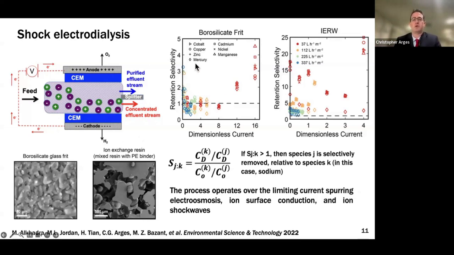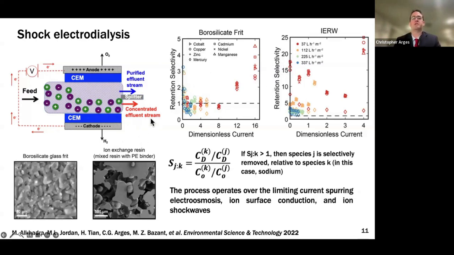And what we observed here is that if we had these heavy metal ions, so you can think of like a Flint, Michigan water situation, we're looking at the retention selectivity of these heavy metal ions over sodium. So there's brine solution here. And what you want to do in this concentrated effluent stream is get more of these heavy metal ions together. So this ion exchange resin wafer can increase the retention selectivity much higher.